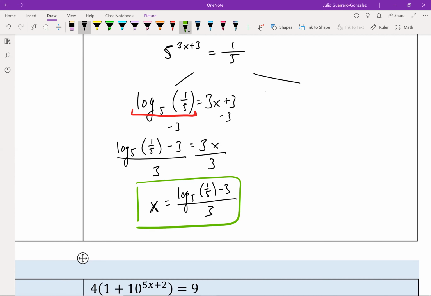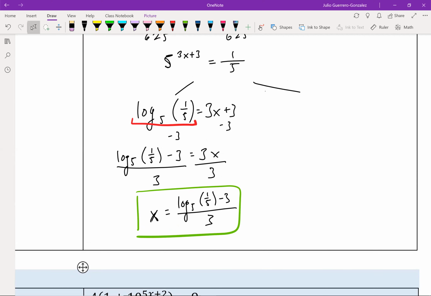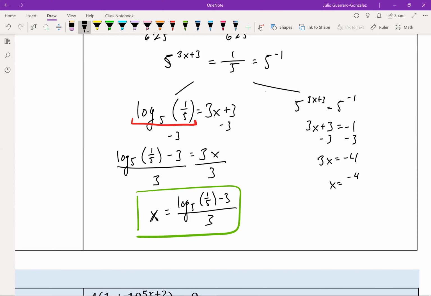Now the other way, this still works out. Some of you guys might have realized that 1/5 is equal to 5 to the negative 1. So this is also 5 to the 3x plus 3 is equal to 5 to the negative 1. If we do it the same way that we were doing it earlier, 3x plus 3 is equal to negative 1. Minus 3, minus 3. 3x is equal to negative 4. x is equal to negative 4/3.